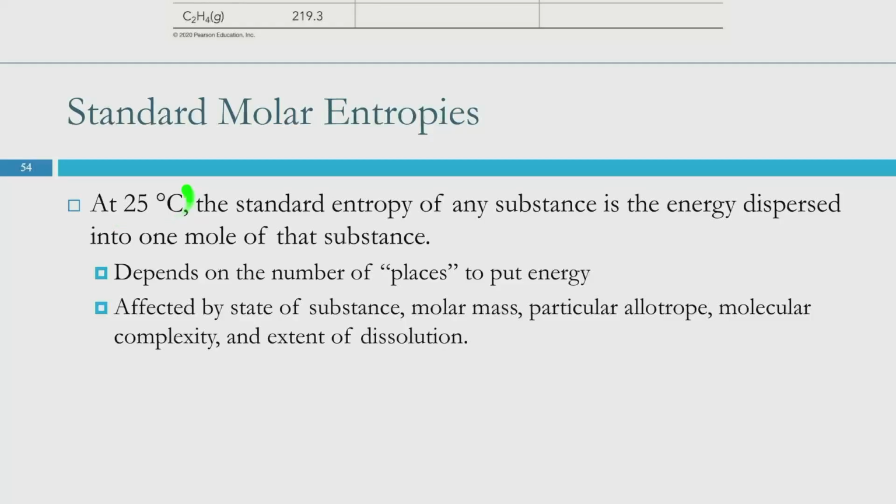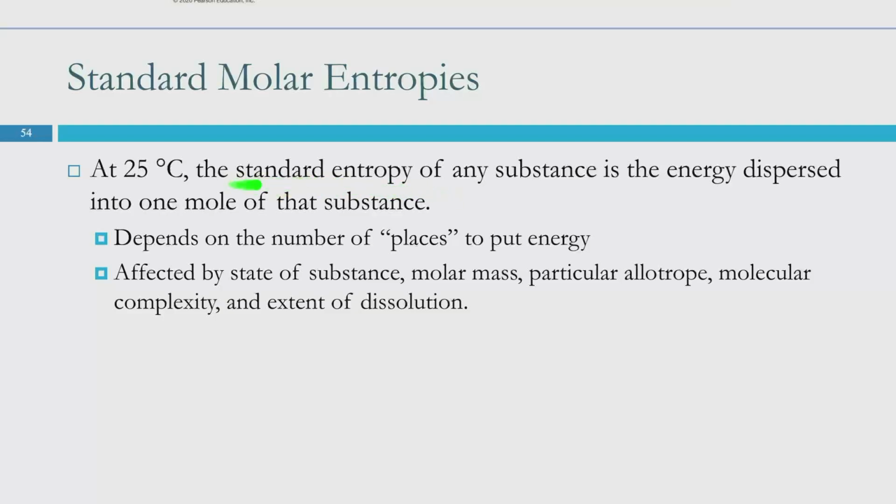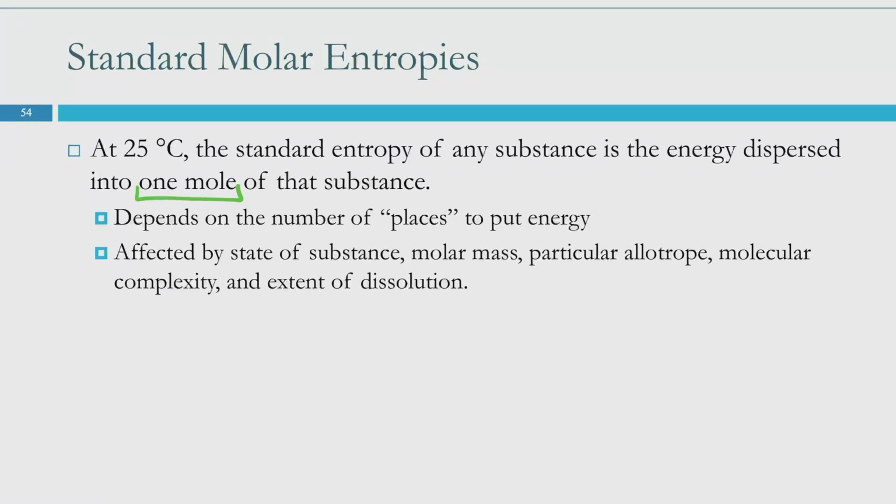At 25 degrees Celsius, one of our standard state values, the standard entropy of a substance is the energy dispersed into 1 mole of that substance. There's all sorts of things that go into our standard entropy. It's affected by the state of the substance, whether it's solid, liquid, or gas. It depends on the molar mass. It depends on what type of a thing it is, I'll call it allotrope arrangement, of molecules or atoms.